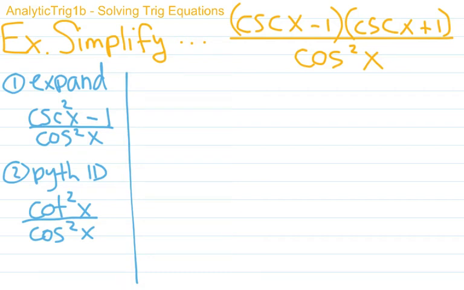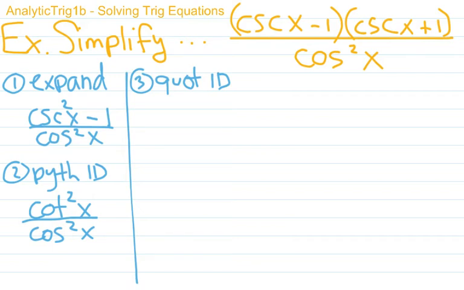So 2 different things that we did there. One was algebraic and one was trigonometric. Now the third step that we're going to take is we're going to apply a quotient identity. Quote ID. And there are 2 ways that we could do this. Really, when we see cotangent squared x, we can rewrite that as cosine over sine squared x, and then rewrite cosine squared x if we wanted to, or leave it as it is.